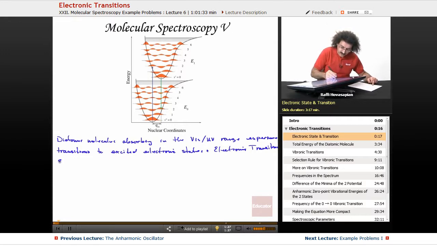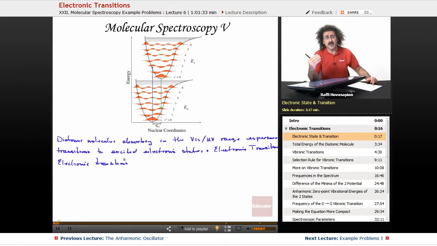Now, electronic transitions, do you remember when we did vibrational transitions? So we had just those rotational transitions, that's in the microwave range. In the infrared range, we had vibrational transitions, but with the vibrational, you got the rotational also. With electronic transitions, you get the vibrational and the rotational also.